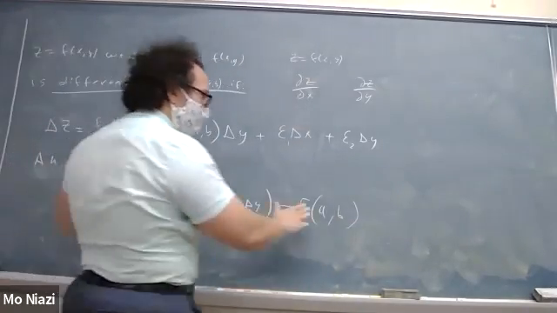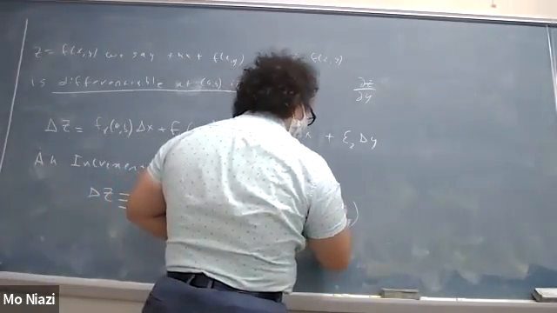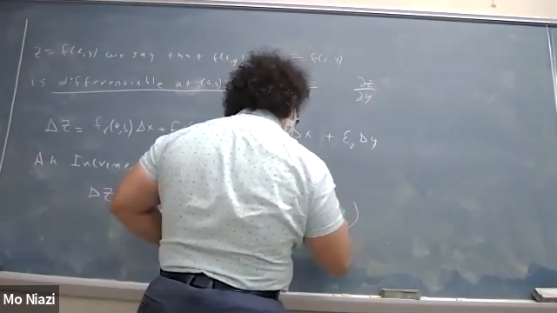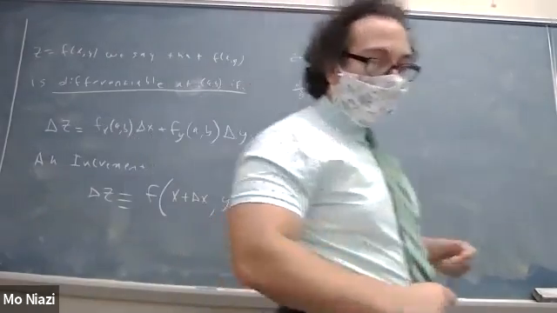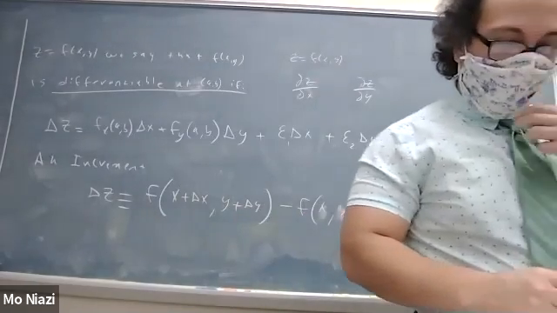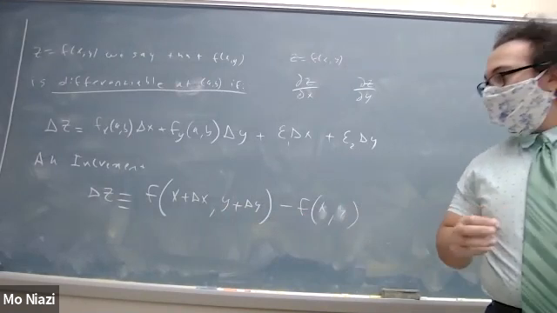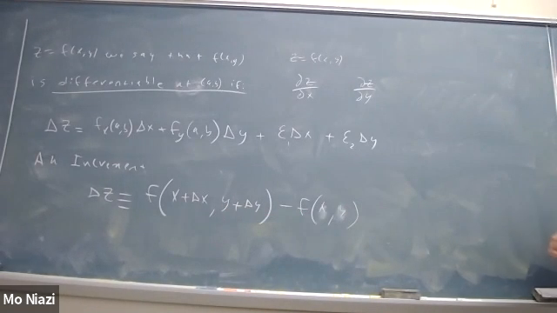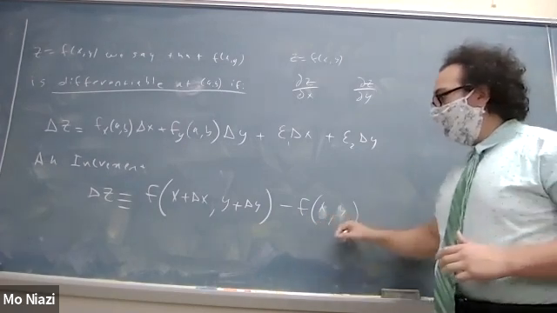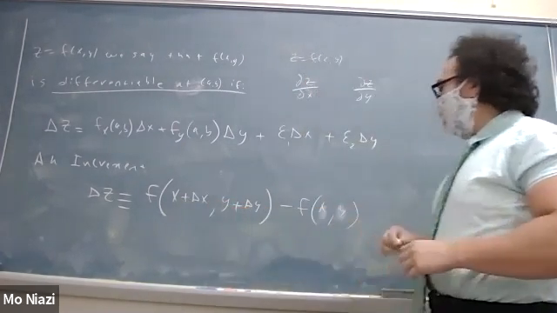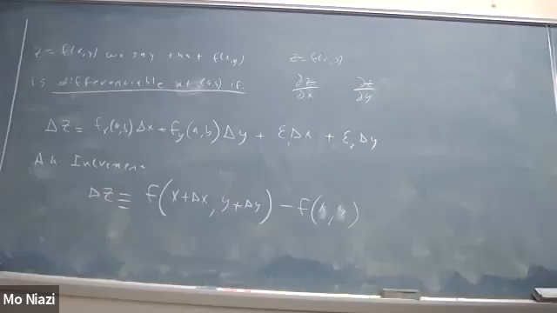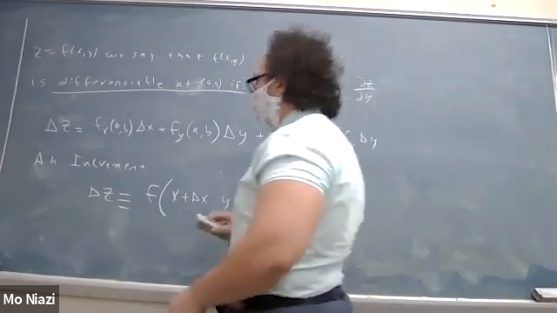Oh, that should be x. And clearly, I put x and I put y here, x and y, x and y. But clearly, we can evaluate the function at a concrete, specific point, right?